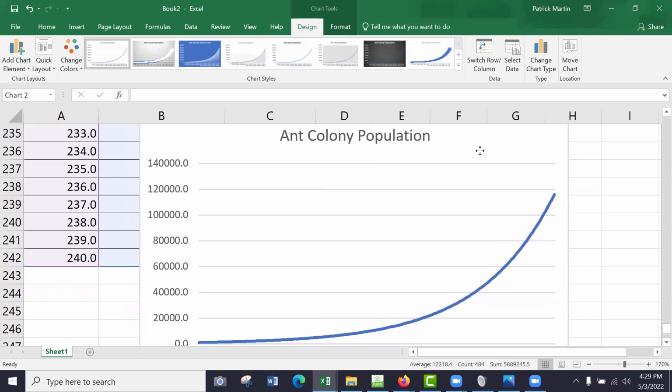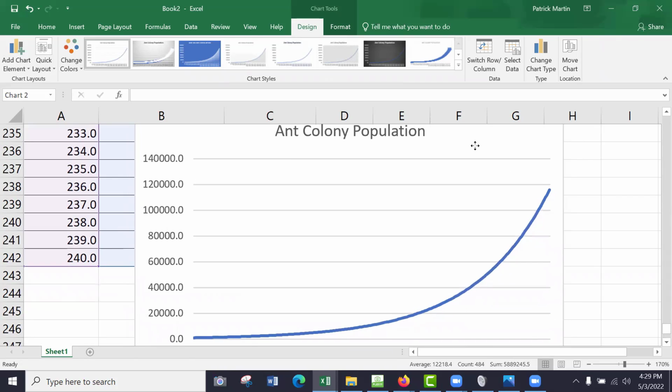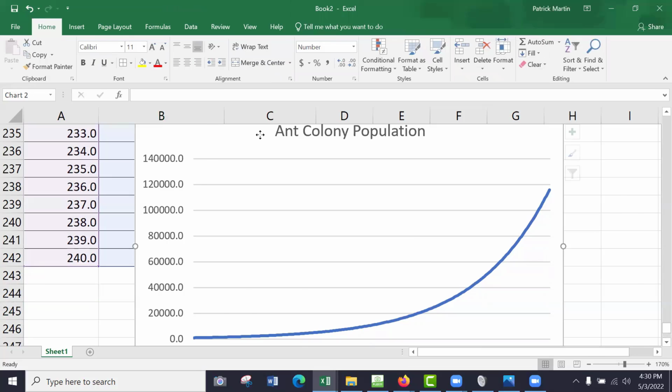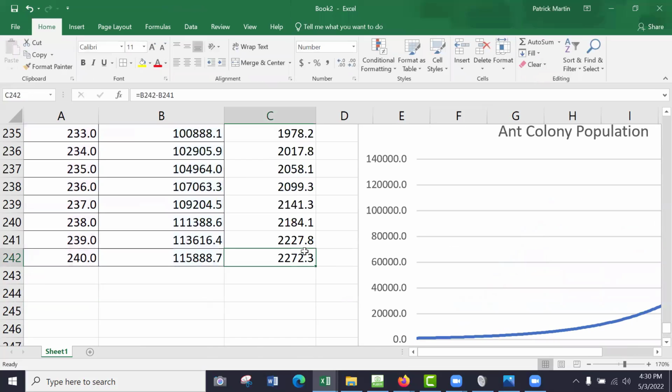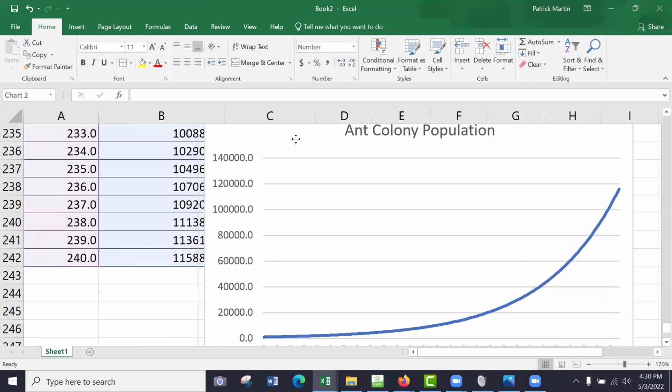But it's 2% of the previous month's amount, so the more ants you have, the more ants you're going to get. And that's why by the end of the 20 years, they're up at like 2,000 extra ants every month. See that? Yes. So that's what's going on with the ants. That's an exponential function. Got it.